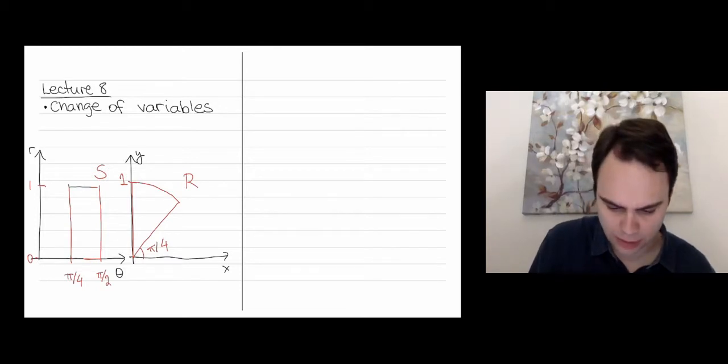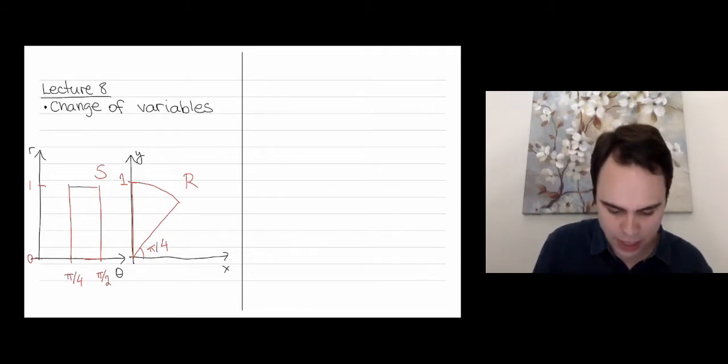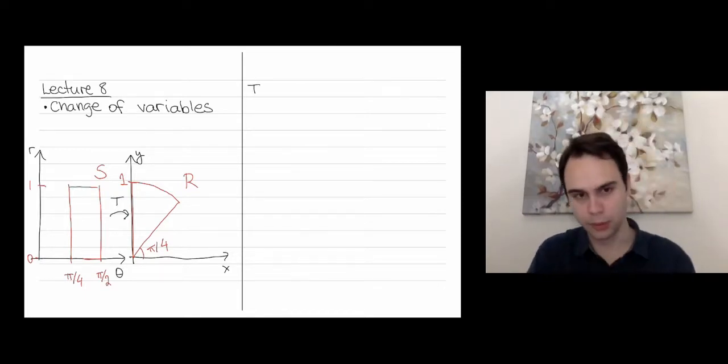If I give you r and theta, you have to know what's the corresponding point in the xy plane. There must be a way of going from r and theta to x and y. So that's an important ingredient.